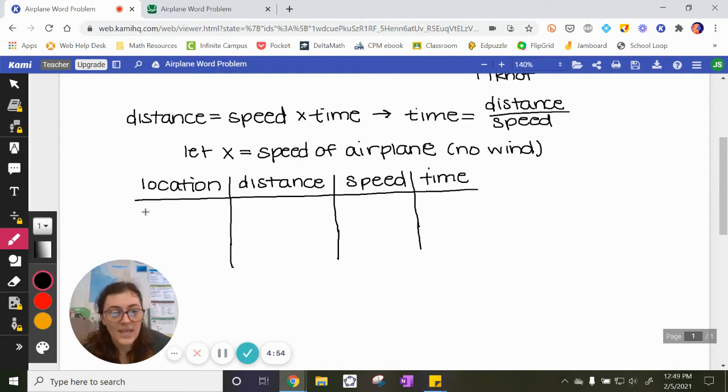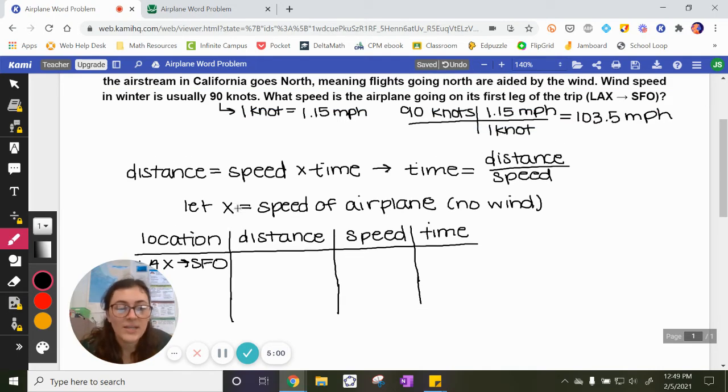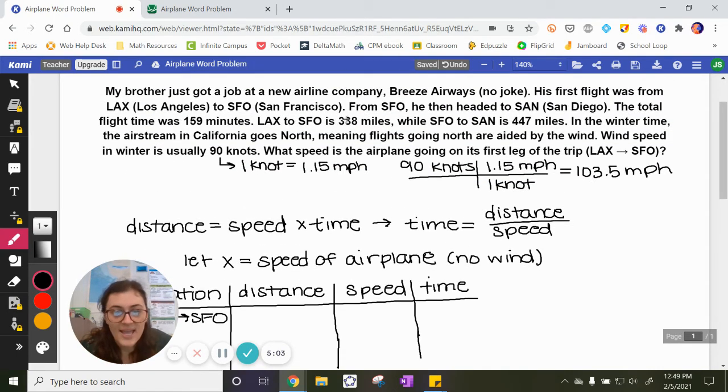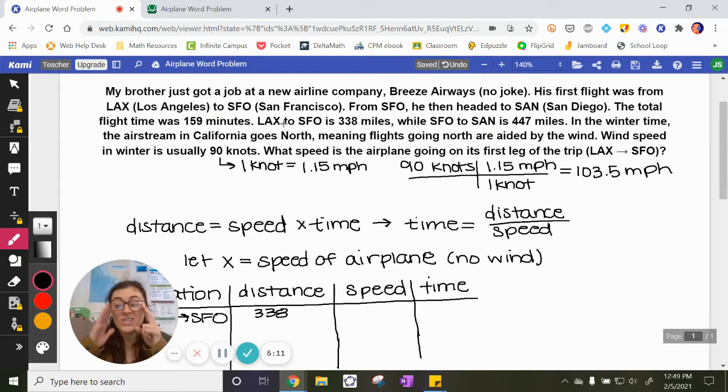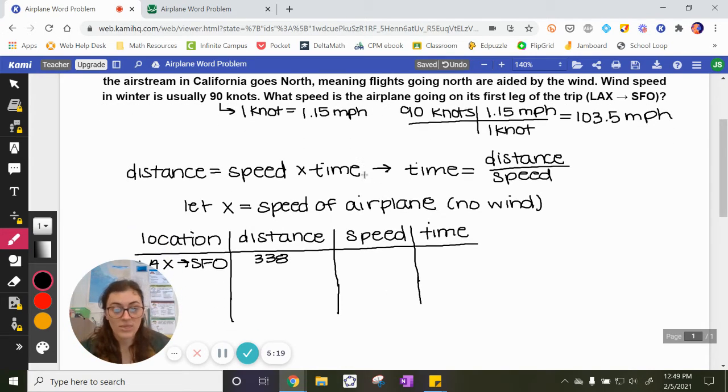Okay, my first location is from LAX to SFO. And looking back at my word problem, I can see LAX to SFO is 338 miles. And just thinking about a map, Los Angeles to San Francisco is going north. So this is going to be the one that's going with the wind.